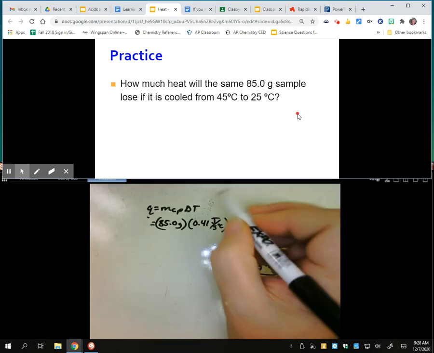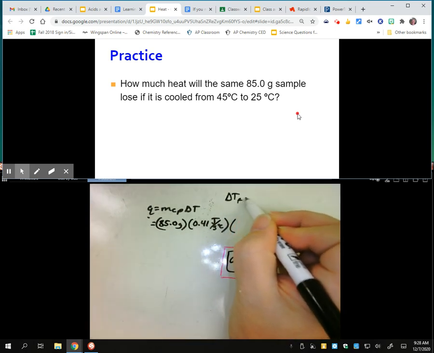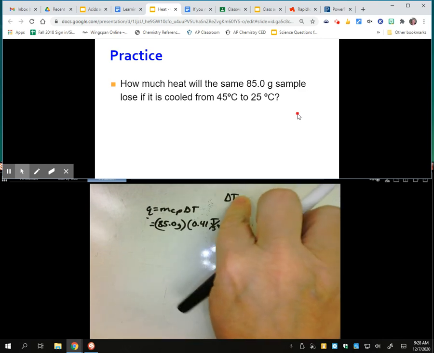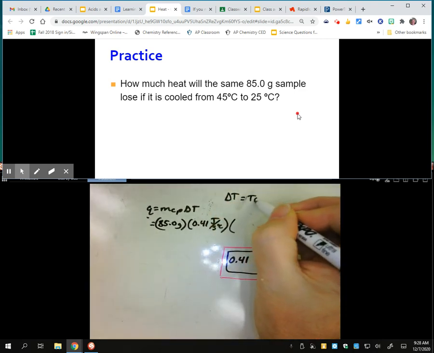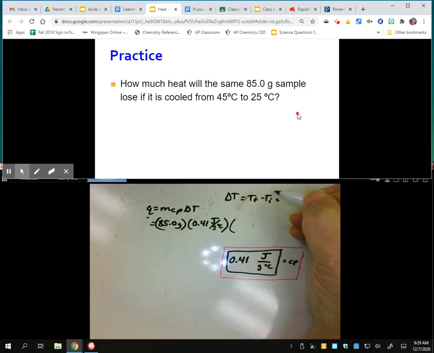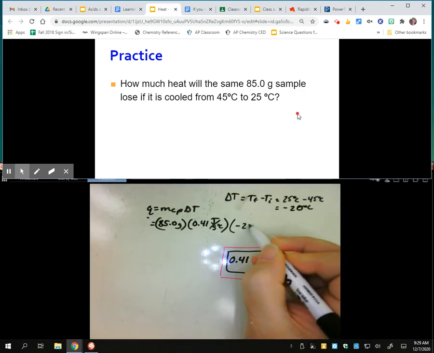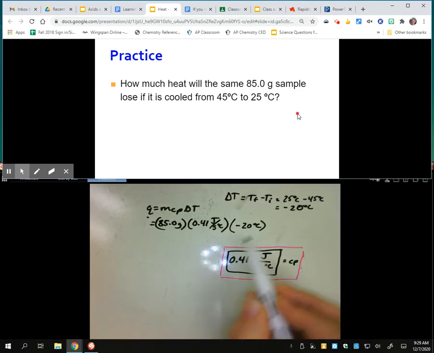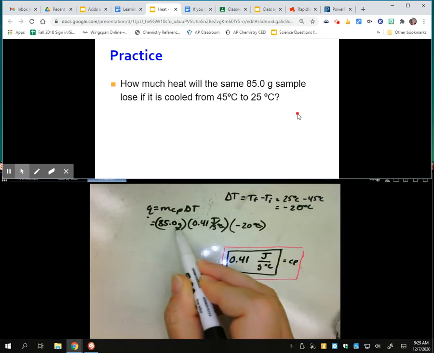And my change in temperature here is going to be final minus initial. Delta T is final temperature minus initial temperature. So that means we've got final temperature is 25 degrees C minus my initial temperature, which is 45 degrees C. So I end up with a delta T of negative 20 degrees C. Degrees C cancels out, grams cancel out.